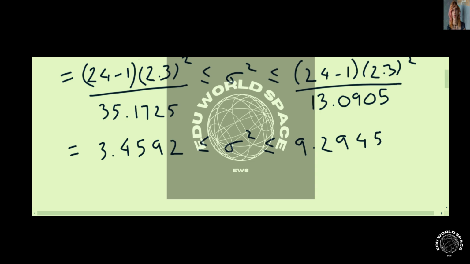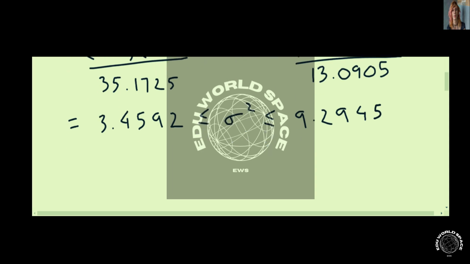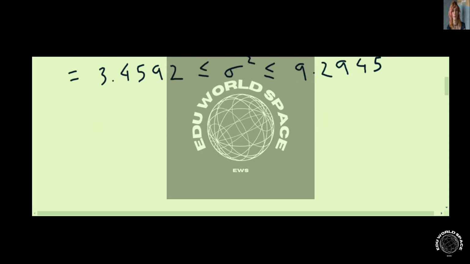Now, to find the confidence interval for the population standard deviation, we take the square root of the confidence interval we have for the population variance. Let's do that.